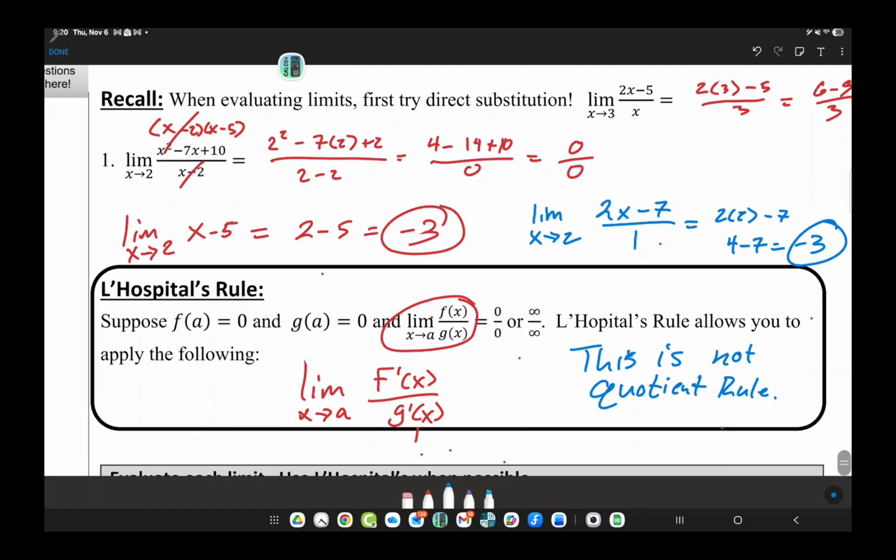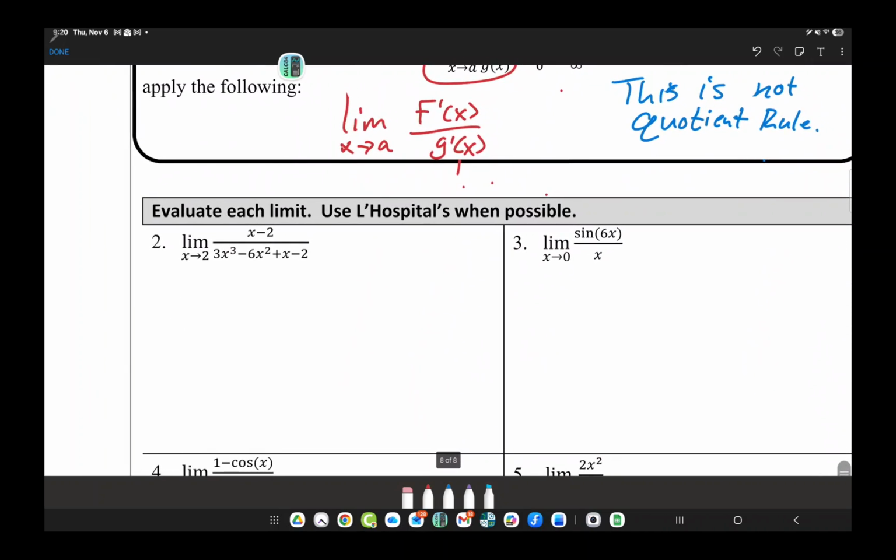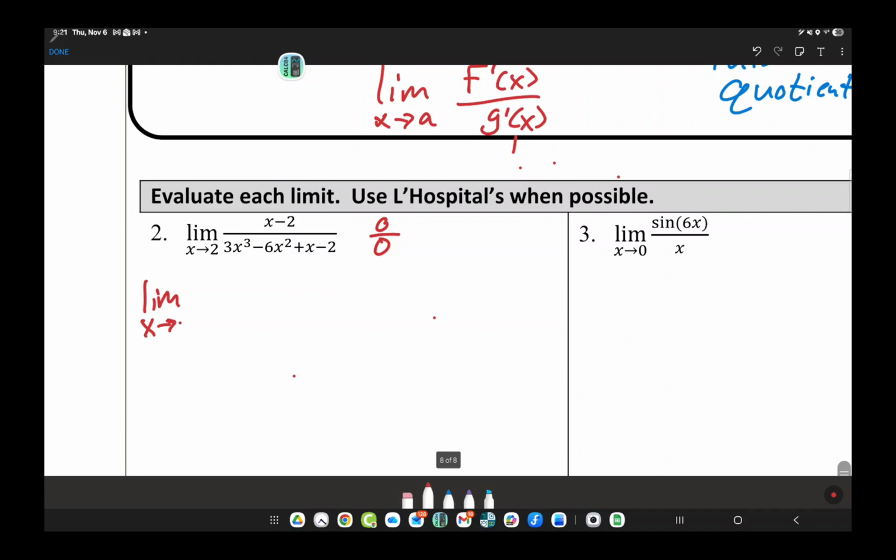So, what we're going to do is show that we meet the condition for L'Hopital's rule. If I plug in 2, I'm going to get 0 on the numerator. I plug in 2, you are going to get 0 on the denominator. So, we are now going to take the limit as x approaches 2 of my derivative, which is 1 over 9x squared minus 12x plus 1.